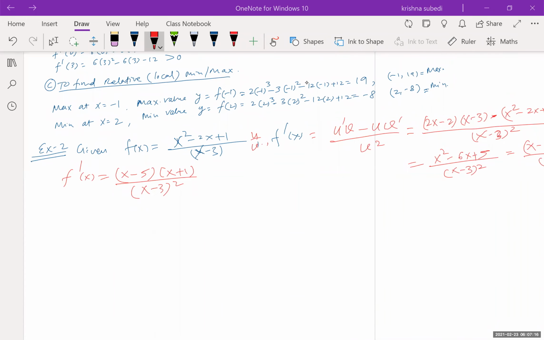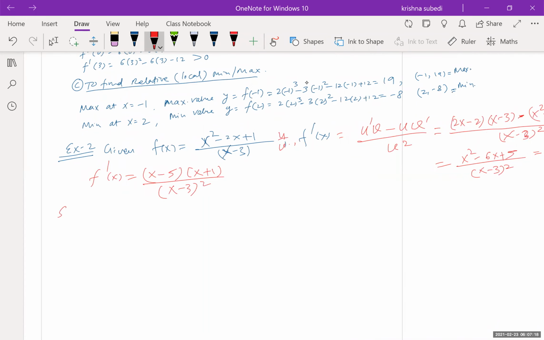Now, step 1, find the critical number. So this is part A. Step 1, find the critical number. So for critical number, we know that derivative equal to 0 or derivative is undefined.